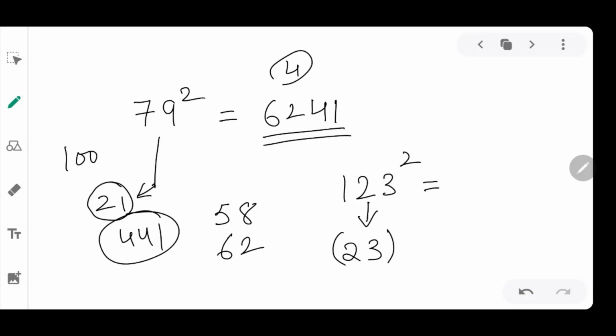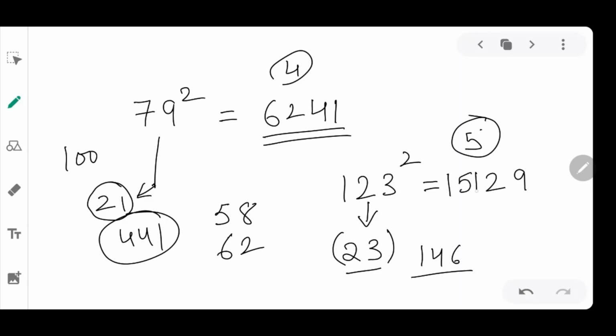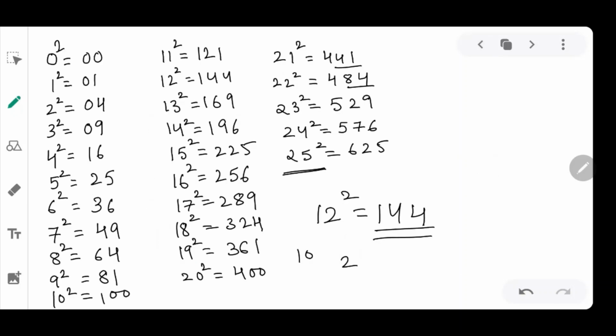So 23 square we know is 529. So the last two digits are 29 and 5 is a carry. 123 plus 23 will give you 146. And 146 plus this 5 will give you 151. So 15129, this is the answer. So these numbers will help you in finding the squares of other numbers. So you should learn these numbers by heart.